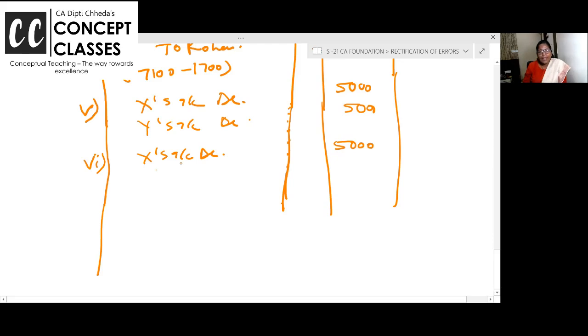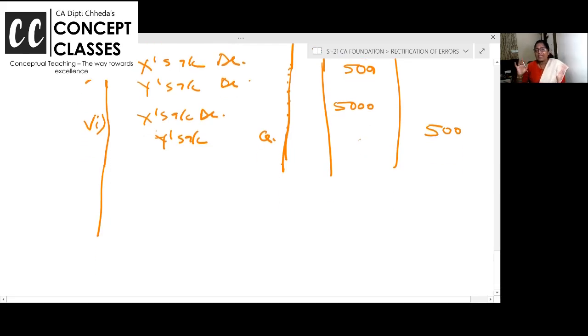You've sold the goods to X, you missed debiting the X account, so you debit the X account. And you debited Y, so Y's account you have to credit 500. I'll give you a note. Actually, the difference we should put in suspense, but the suspense account is not there. As of now the trial balance is not prepared, so the suspense account is not there. So directly you can go in the ledgers and rectify.